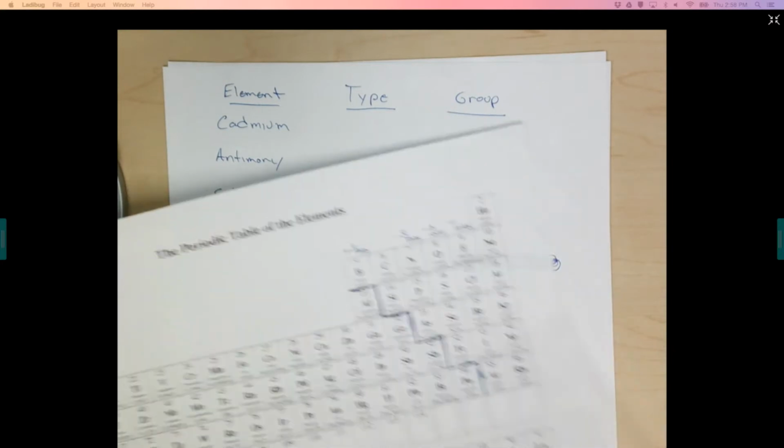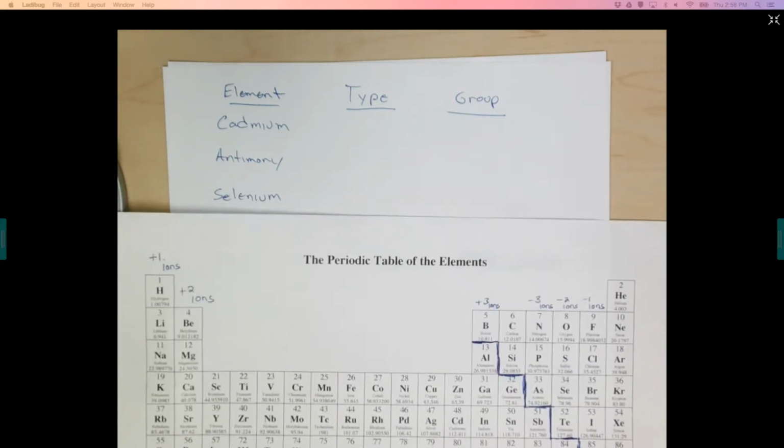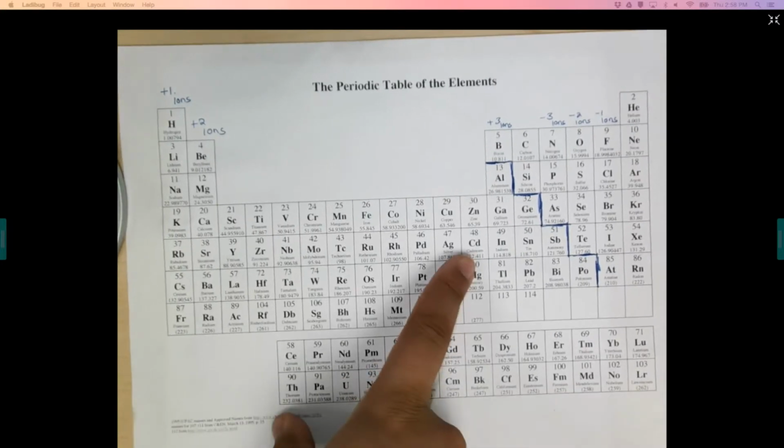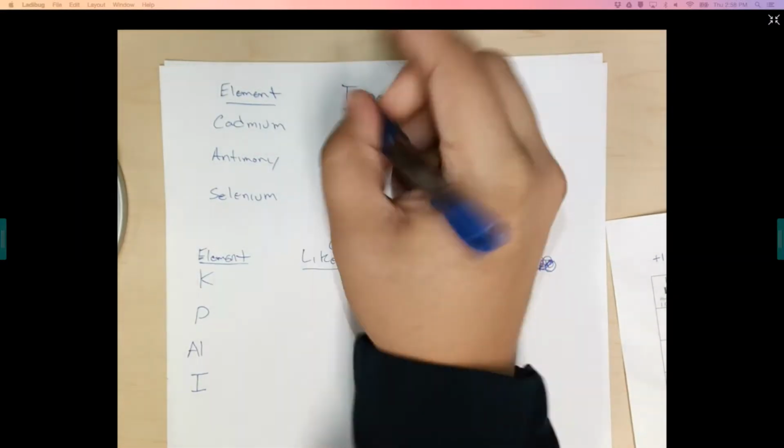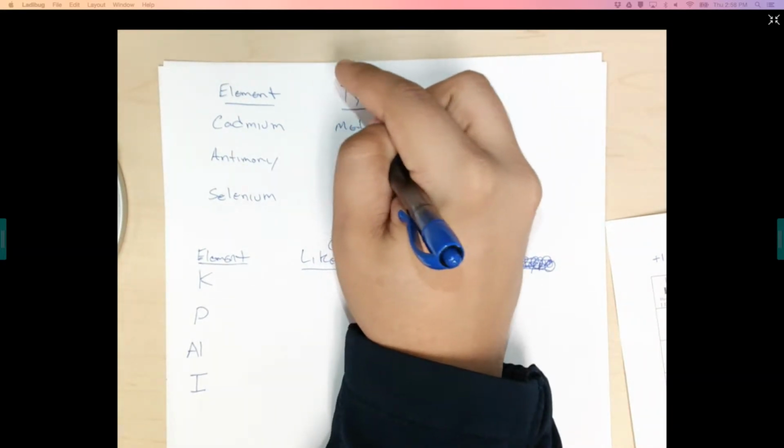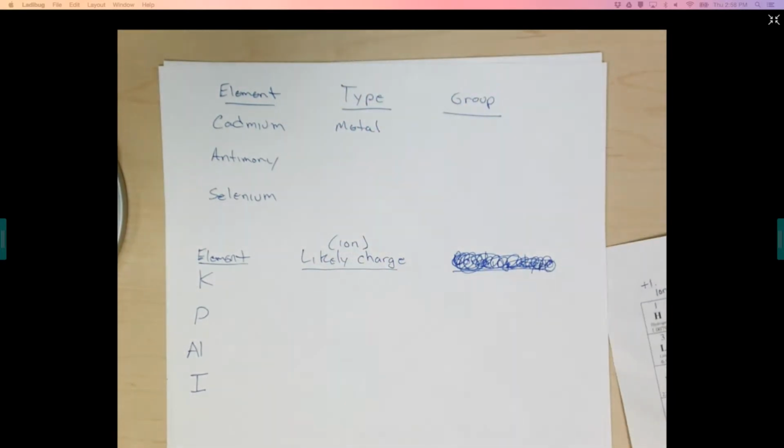So here I have a periodic table. The first one I have is cadmium. If we find cadmium, we see cadmium's here, right? It is a metal. So the type, we're going to go metal. Okay, group names.